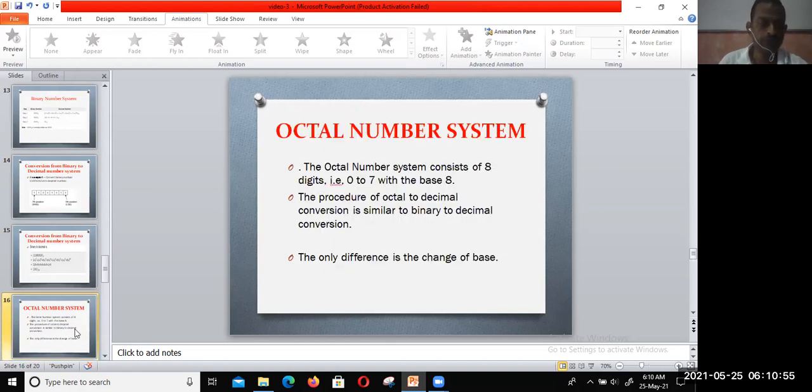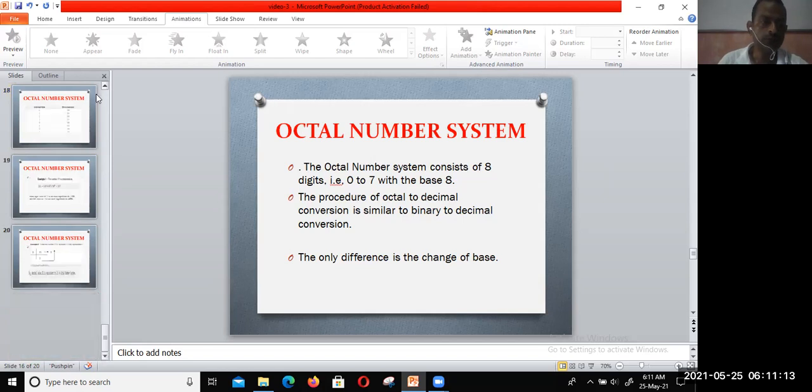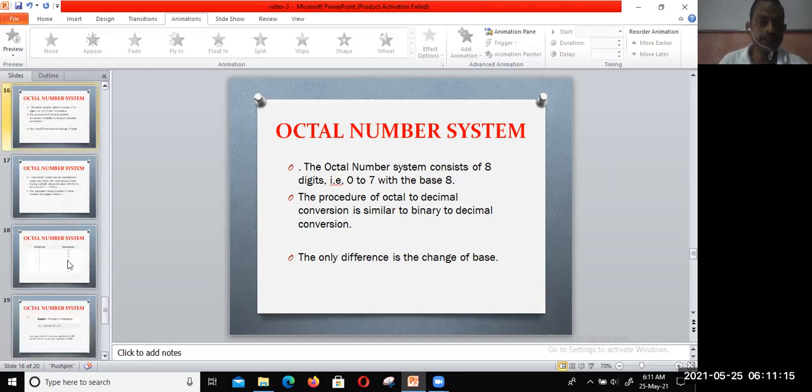Now see with the example how we convert the binary number to decimal number system. In the previous class we learned how to convert decimal number to binary number, and also you will learn how to convert binary number to decimal number.